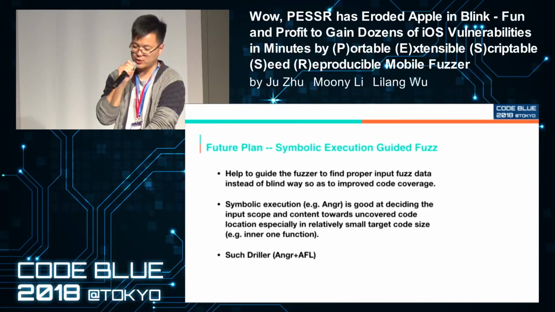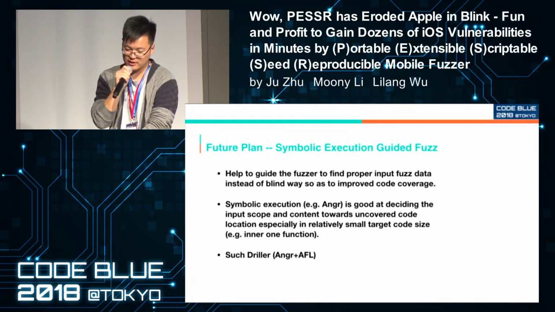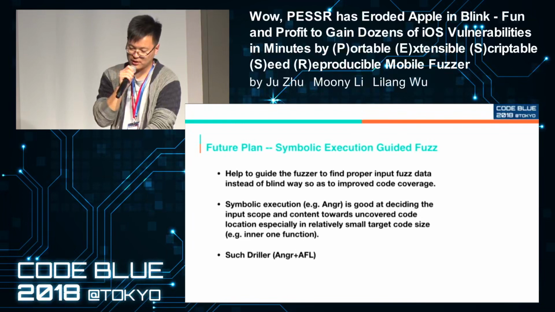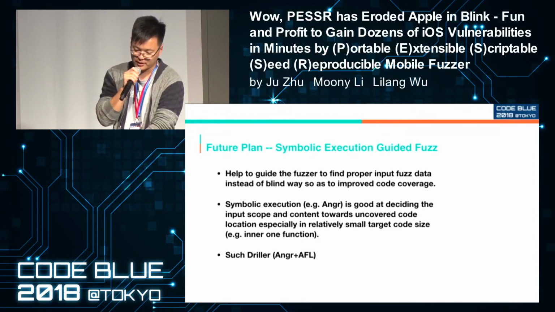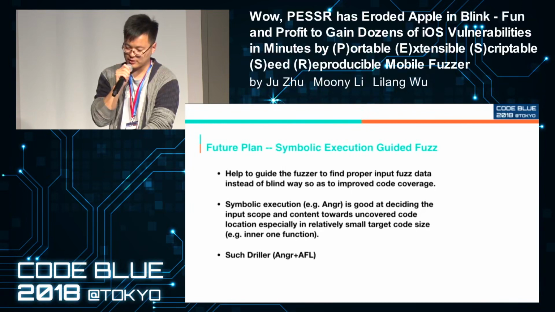What's more, in order to improve the quality of input data for the fuzzer, symbolic execution will be introduced to get the input constraints. And there are already some excellent open source tools for assembly symbolic execution, such as angr.